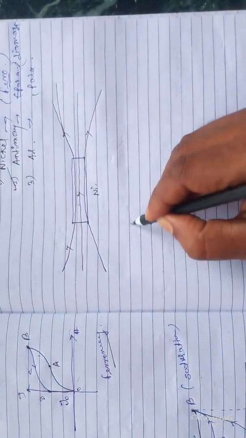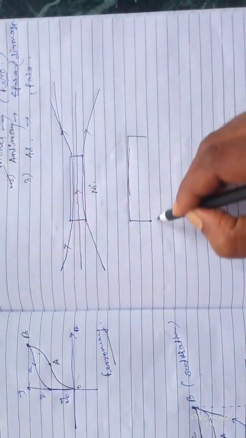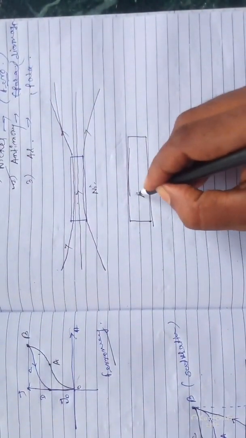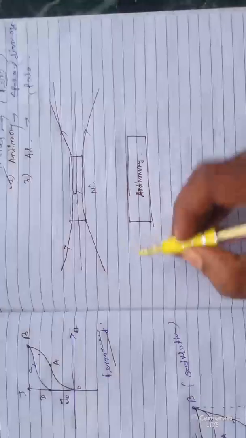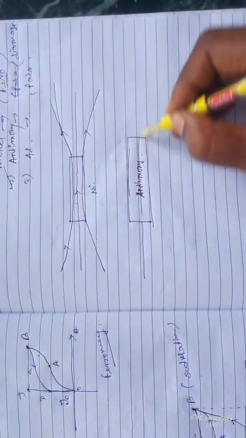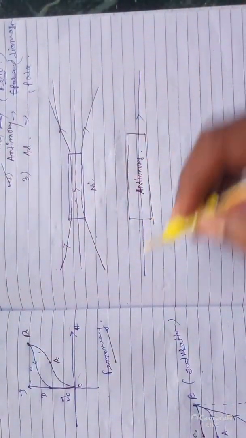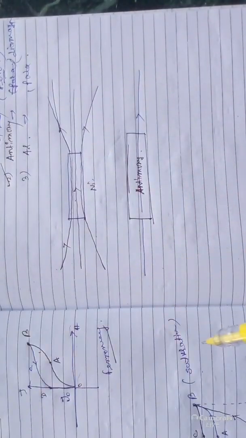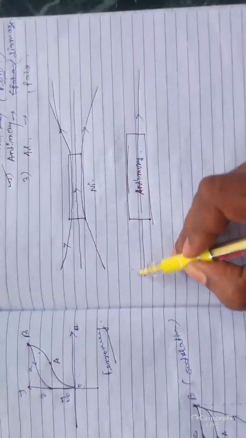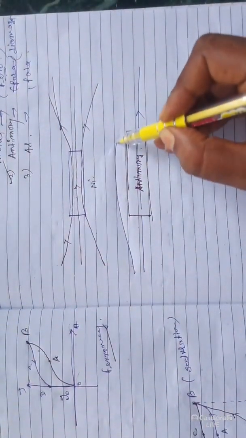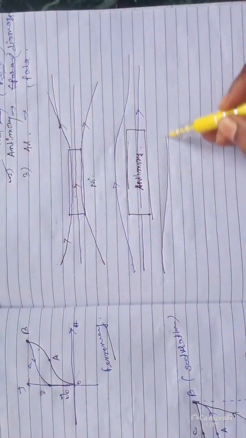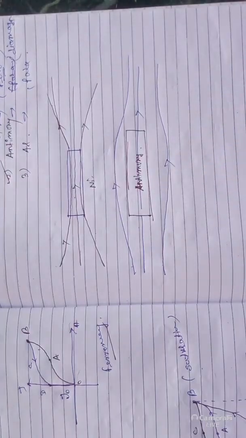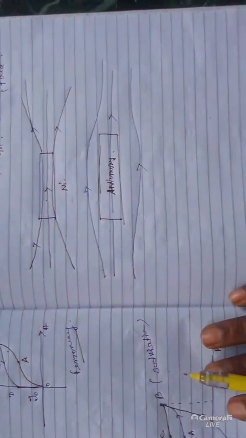If we place an antimony substance, this is the antimony, how does the magnetic field look? If magnetic lines of force come to this line, no deflection will be there, but the other magnetic field lines will be just repelled from here. So this is for antimony.